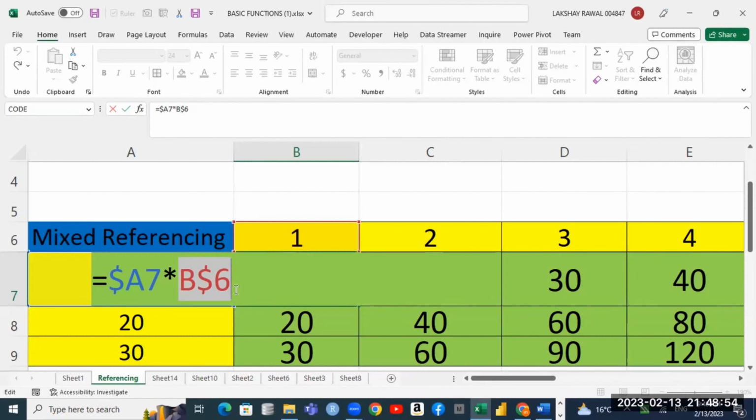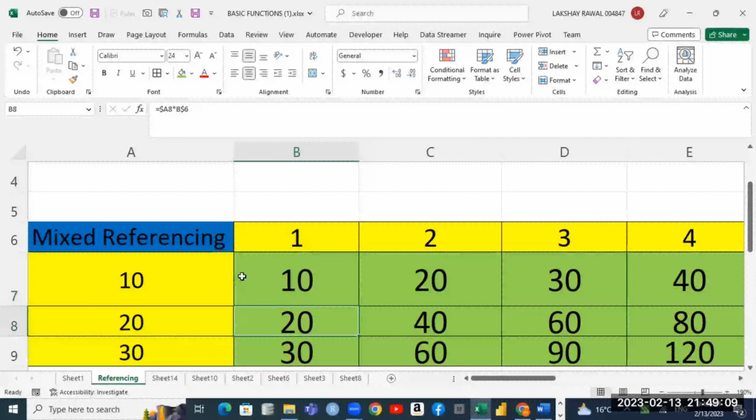How many of you have not understood? Ma'am, can you please explain this again? Yes. See, beta. Actually, look at here.